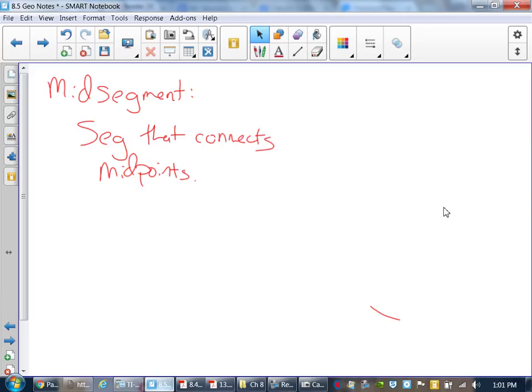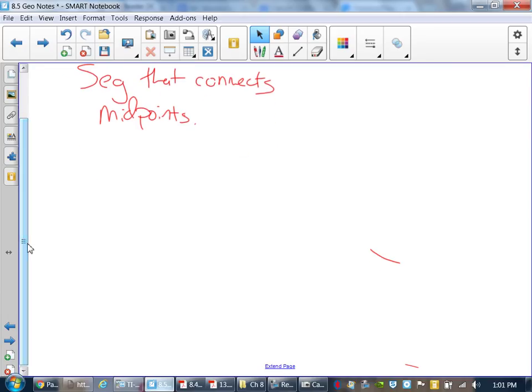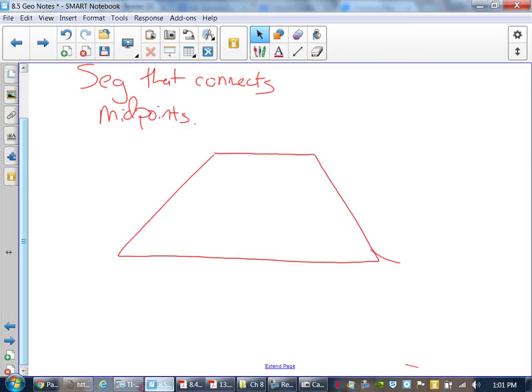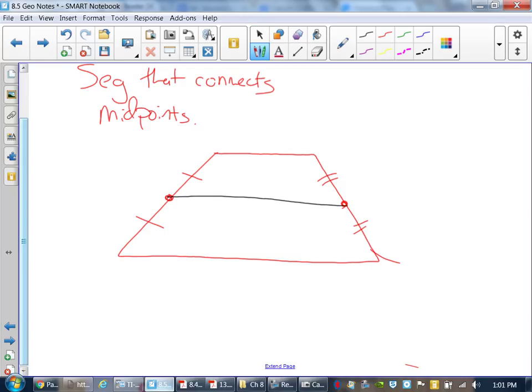So when you have a trapezoid, the mid segment connects the midpoints of the sides.